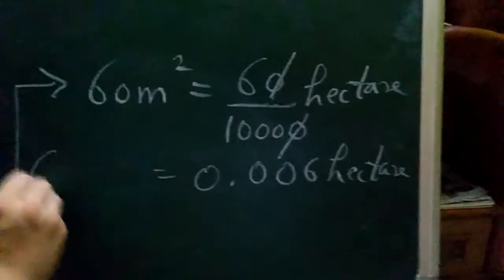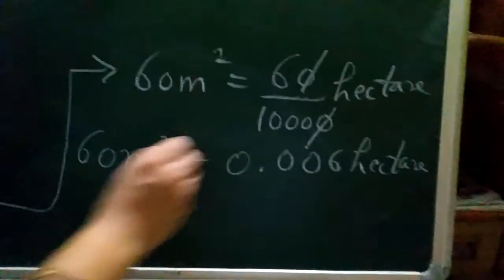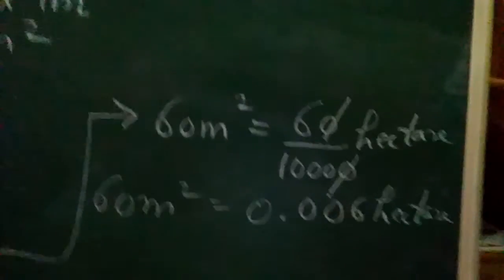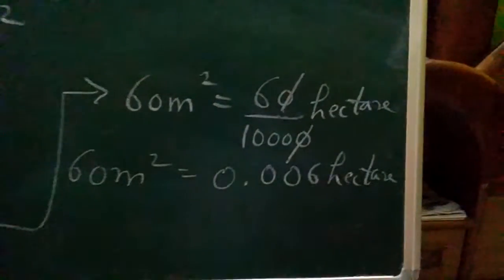This is what 60 meter square is equal to, 0.006 hectare.